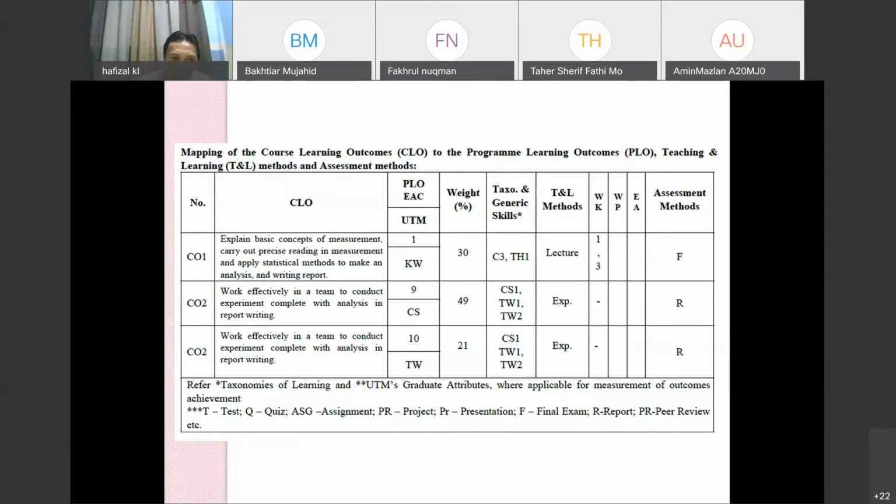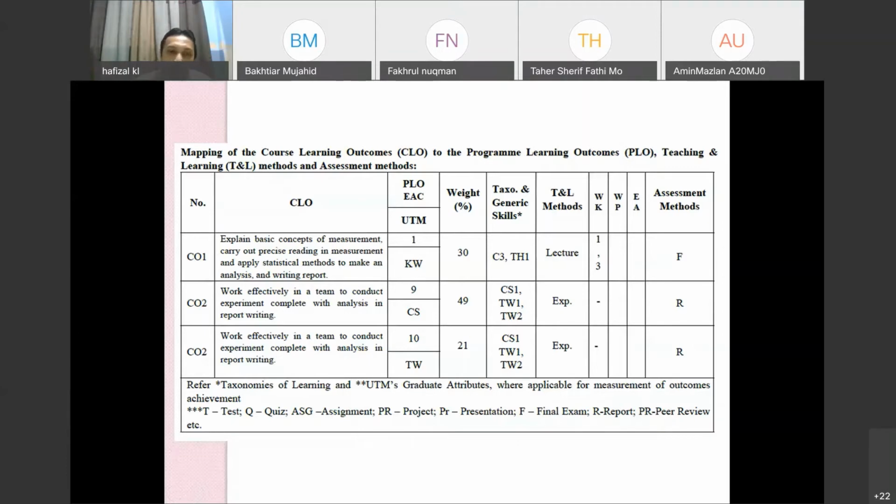So for CO2, we will look at number 9, which is work in team, and then number 10, which is the ability to deliver in terms of communication. Communication can be looked at in two ways, by using verbal communication.